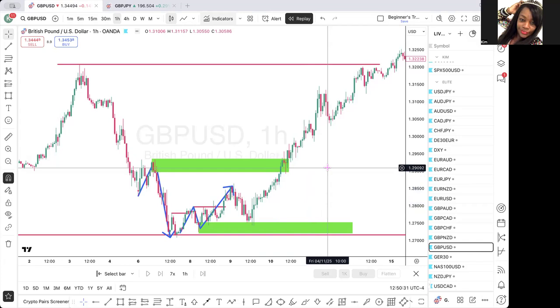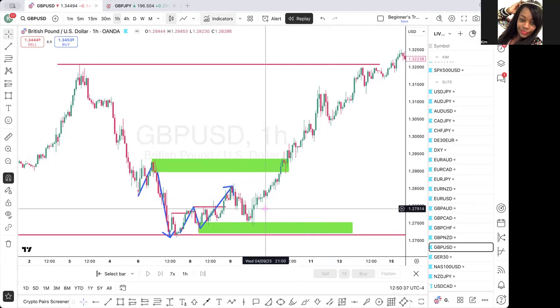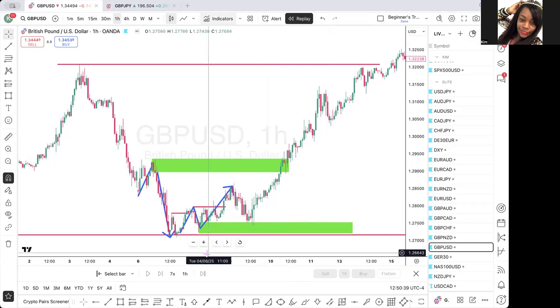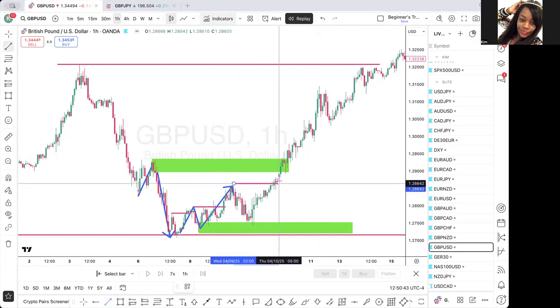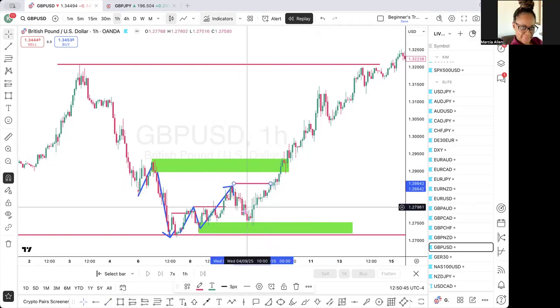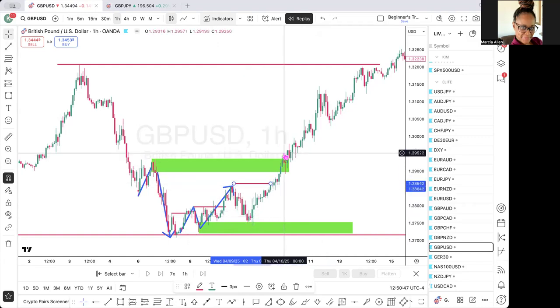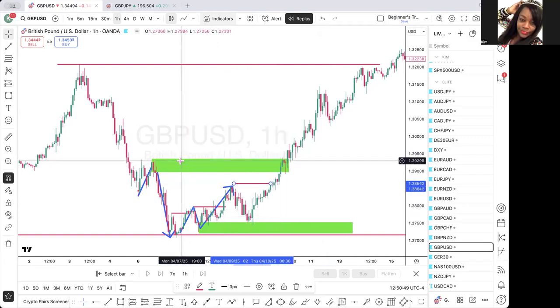But if you didn't want to get out of the trade, if you wanted to watch it, I would have been looking at structure because now this is their swing high. That was the break. If I thought price was going to sell from here, I would have been looking for, I'm going to go down to the 15.